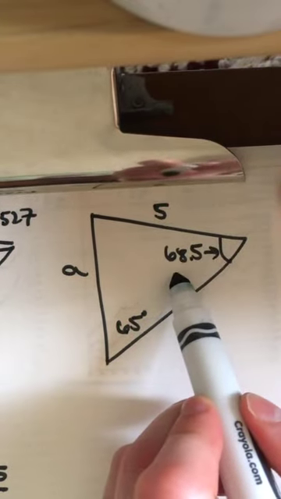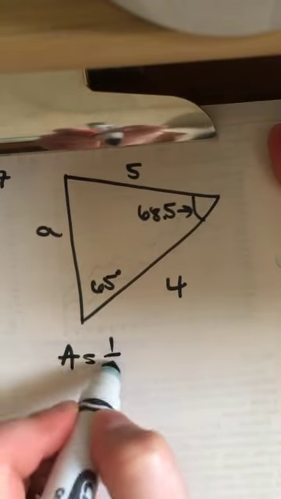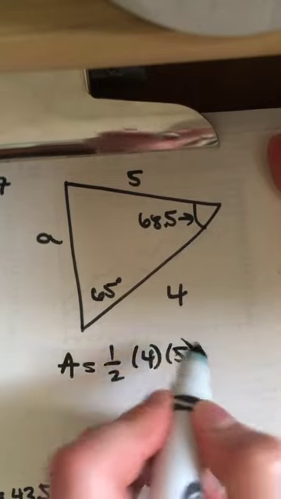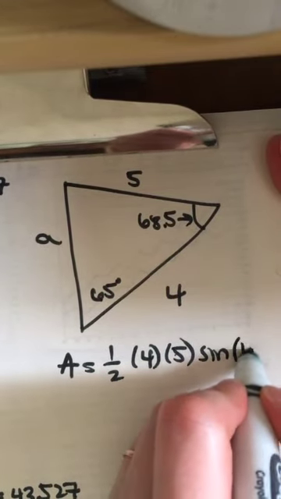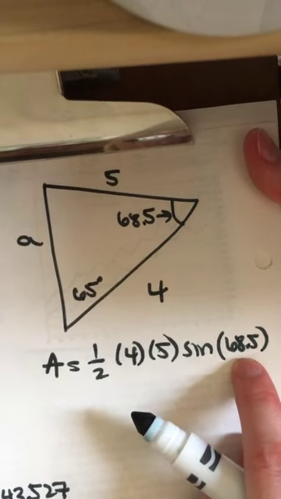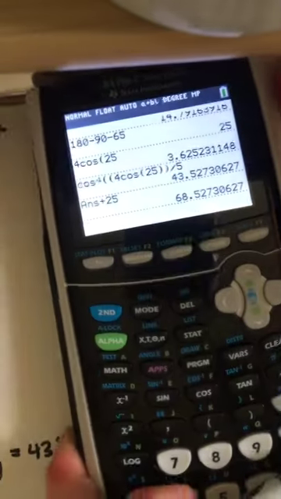Now I have an included angle and the 2 sides, so I can use our normal formula: 1/2 times one side times the other side times sine of the included angle. You can use second answer from your calculator to use the exact decimal for this. So I'm going to show you that here as well.